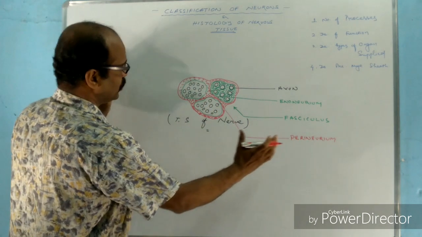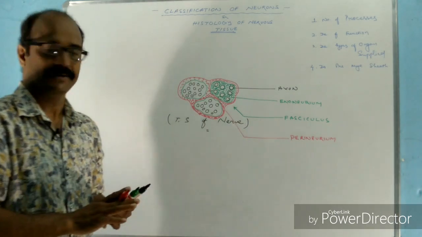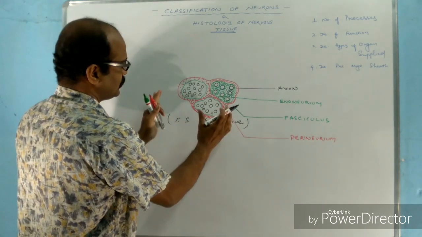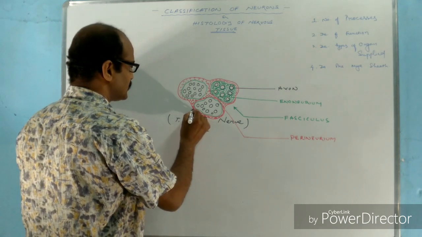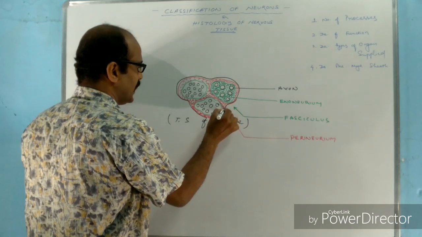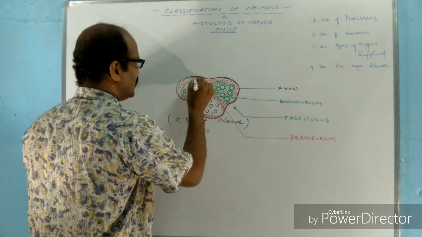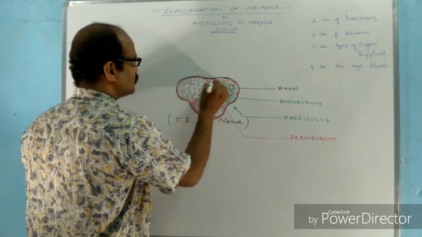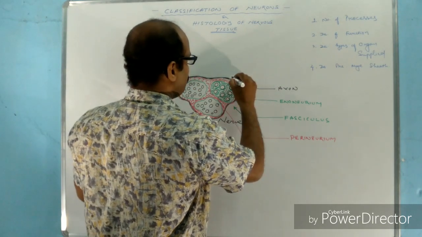Such perineurium holds a number of fasciculi, and such fasciculi are again covered by another connective tissue layer or membrane, which may be the outermost covering of the nerve, and this is known as the epineurium.